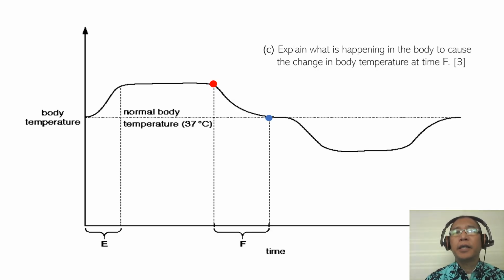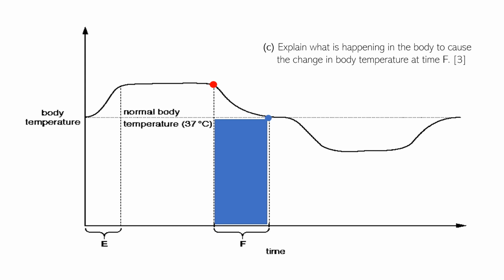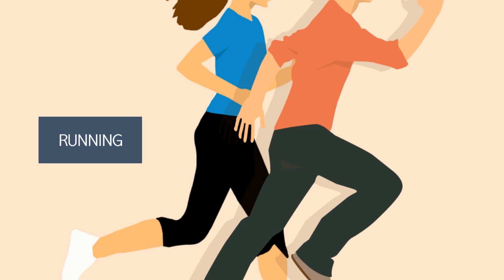Letter C. Explain what is happening in the body to cause the change in the body temperature at time F. This is now the response of the body after it detects an increase in the normal set point. What are the possible responses of the skin to bring down the temperature back to its normal set point? The activity like running increases the body temperature.